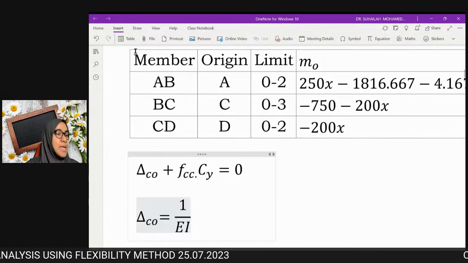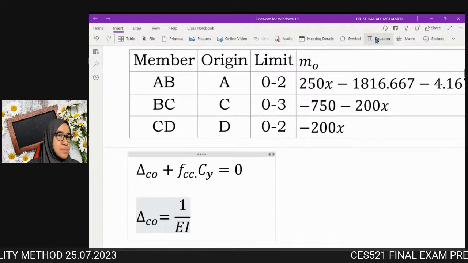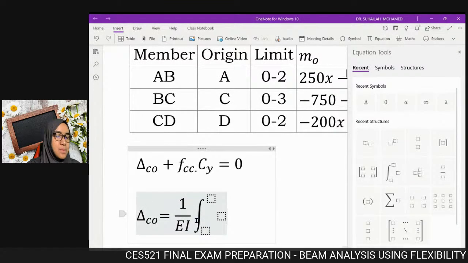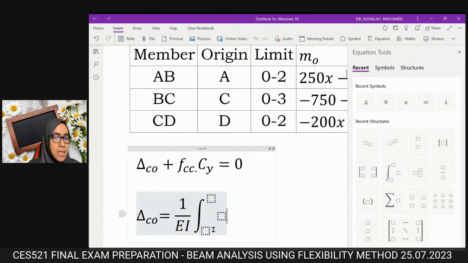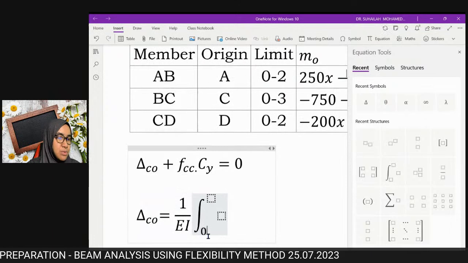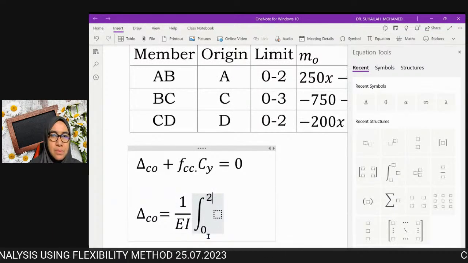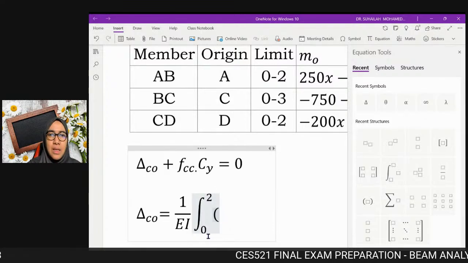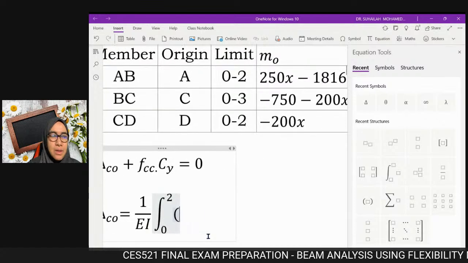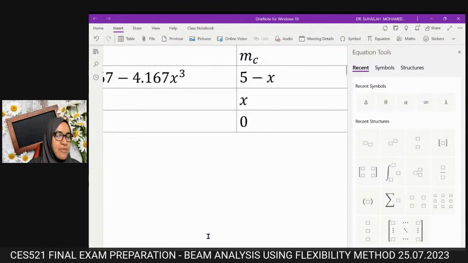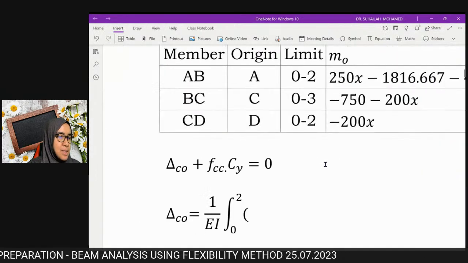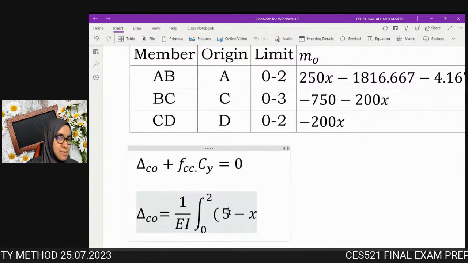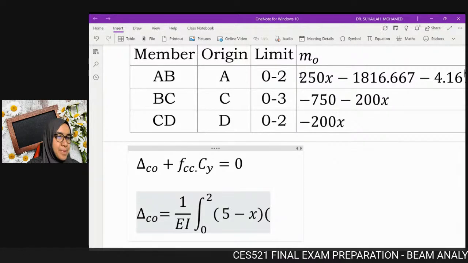Okay, we integrate. For member AB it is from 0 to 2, and it is 5 minus x times this one.